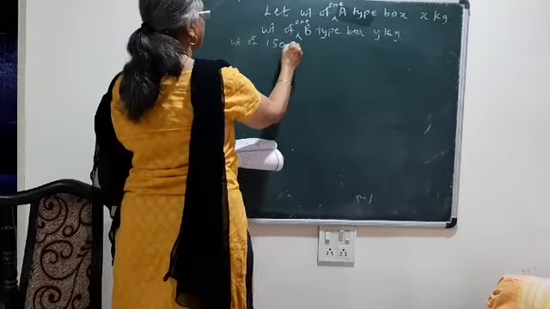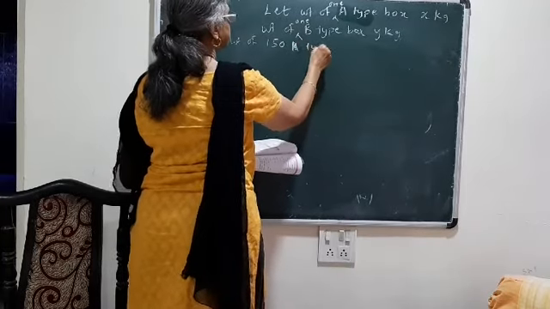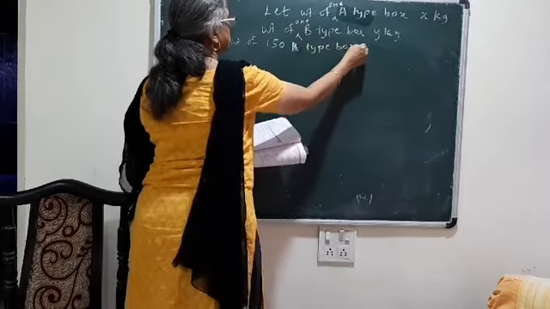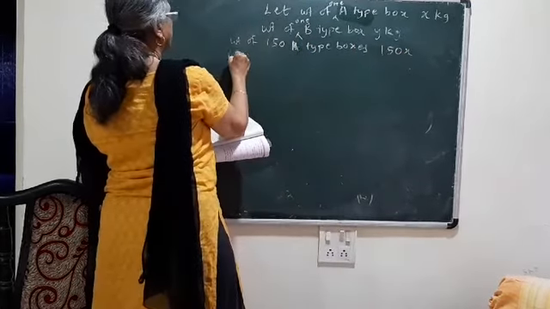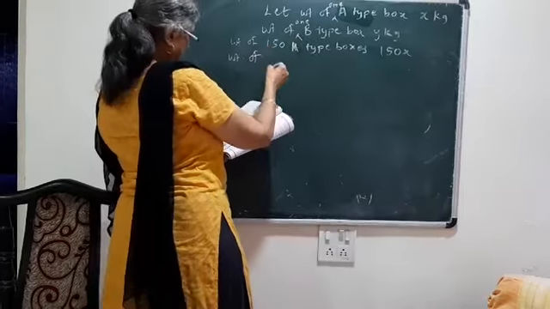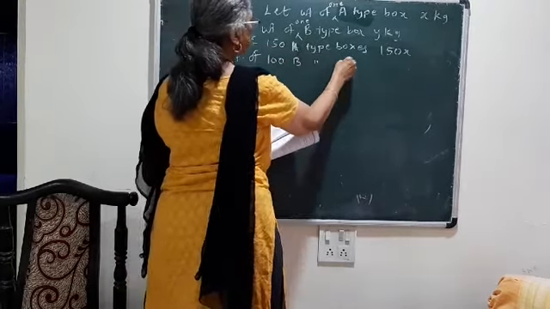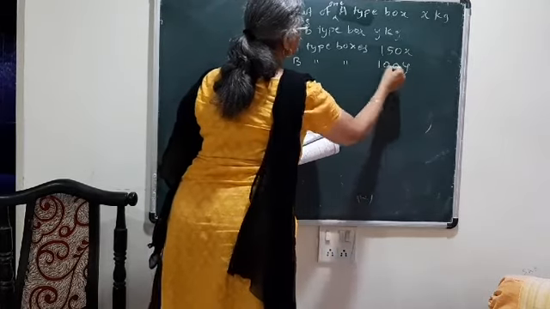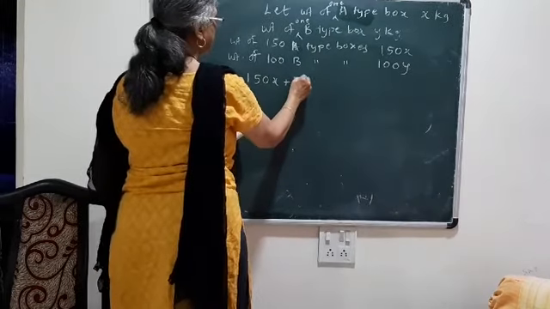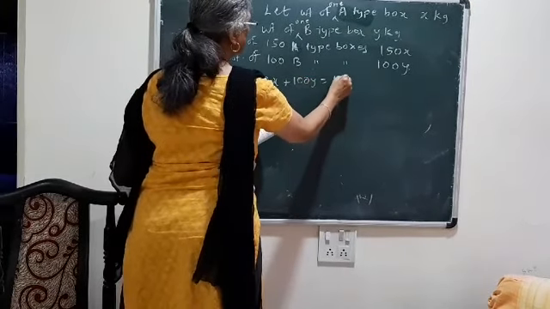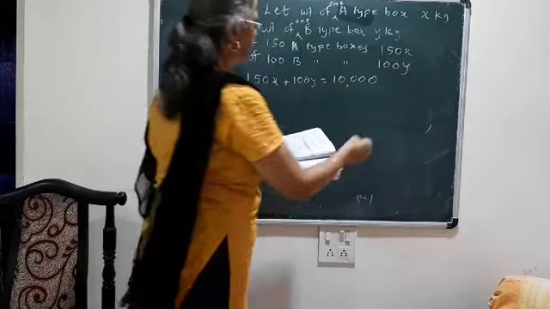So weight of 150 A type boxes, 150x, and weight of 100 B type boxes, 100y. So what will be the first equation? 150x plus 100y is equal to 10,000, because answer is expected in kg, not in tons. So that is the first equation.